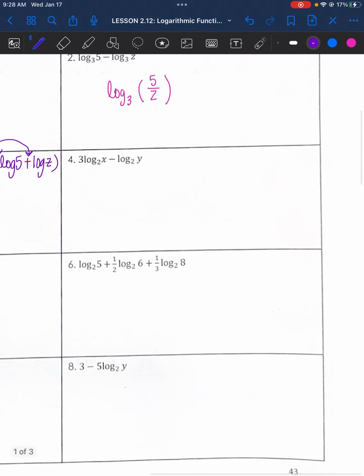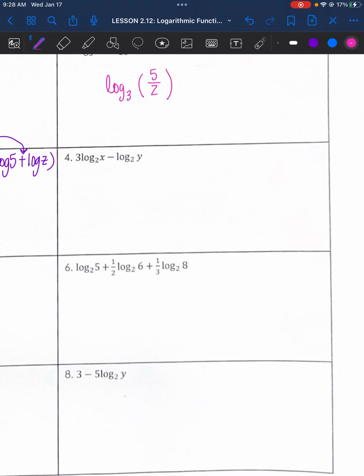Okay. Number 4, anytime you see a number in front of a log, remember that's the exponent. So this is log base 2 of x cubed minus log base 2 of y.